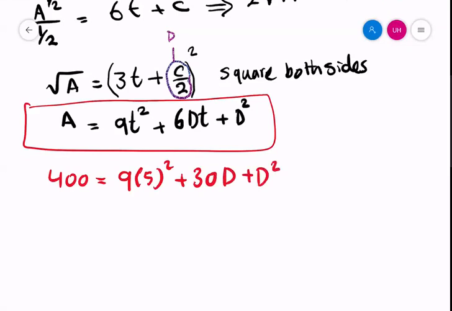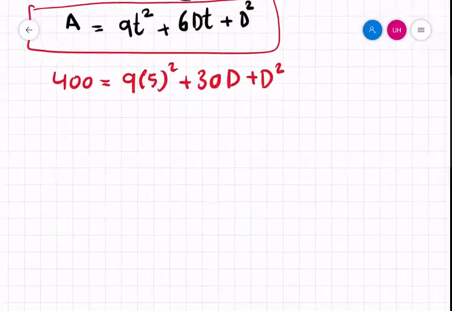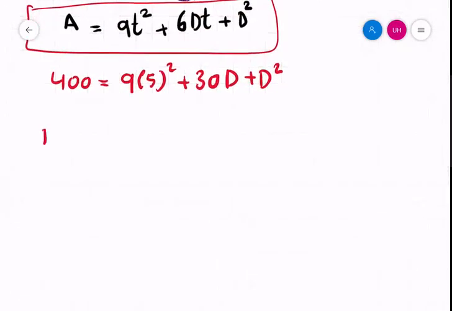In this case, we rearrange, so we get d squared plus 30d minus 175 equals 0.